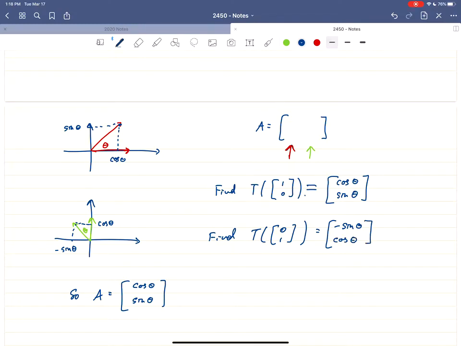And we're done. Our A, I shouldn't have written A here. Our A is a 2 by 2 matrix, and the second column is going to be minus sine theta over cosine theta.